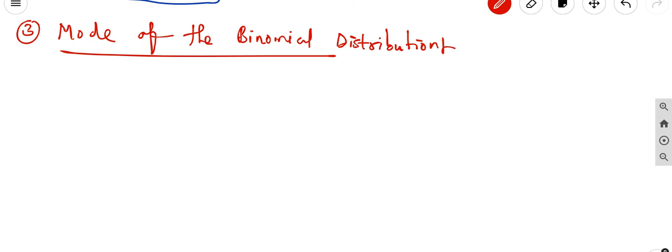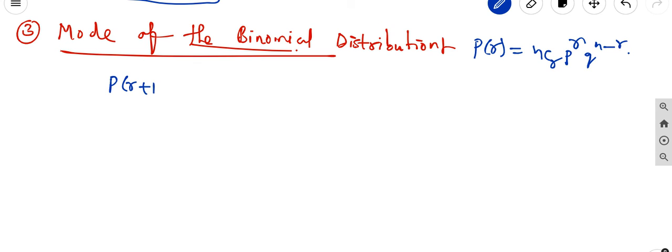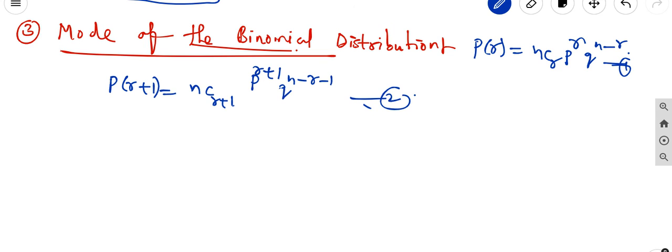For the mode of the binomial distribution, we know that the probability of the binomial distribution is P of R equal to NCR P power R Q power n minus R. So here we take the next probability, that is NCR plus 1 P power R plus 1 Q power n minus R minus 1. This is the first equation, and this is the second equation. Why? Because we are finding the mode, so equation 2 is divided by equation 1.